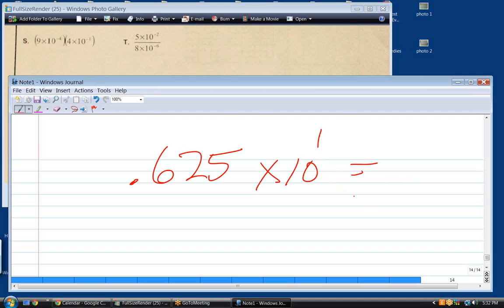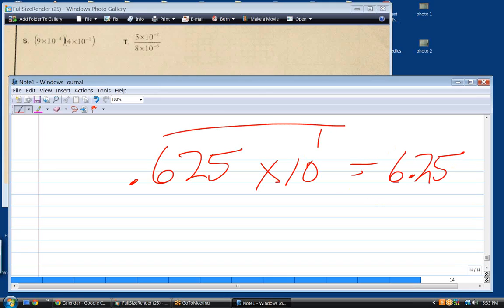What's 10 to the 1 equal to? Just 10. Anything to the 1 power is equal to itself. And now what's 10 times 0.625? 6.25. Right.